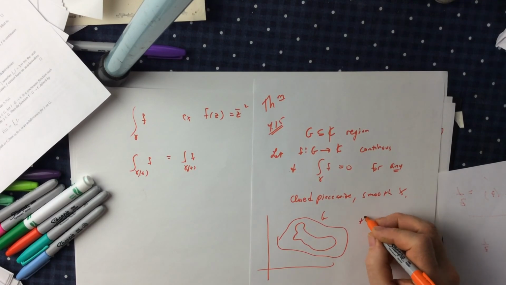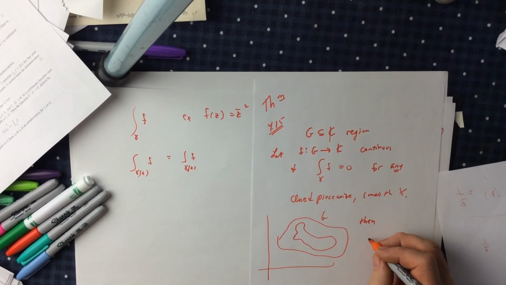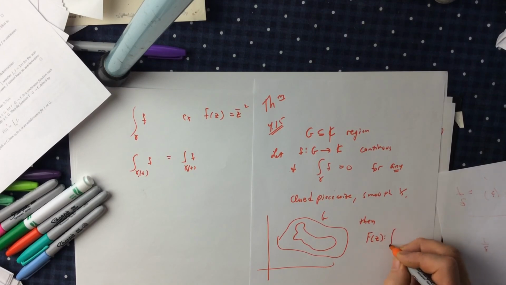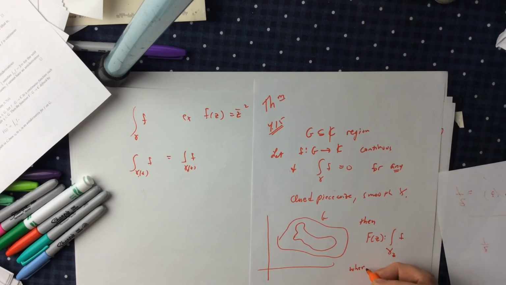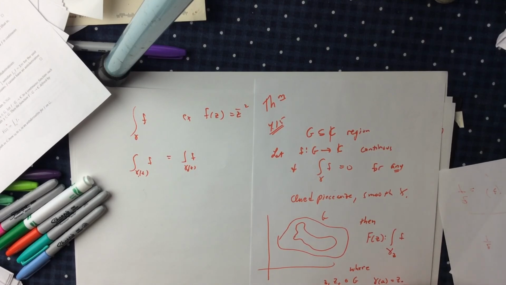Well, then F of z, which is the integral of f on gamma, where z naught is an element of G, and so is z, and gamma of the beginning value a is equal to z naught, and gamma of the ending value is equal to some fixed point z.